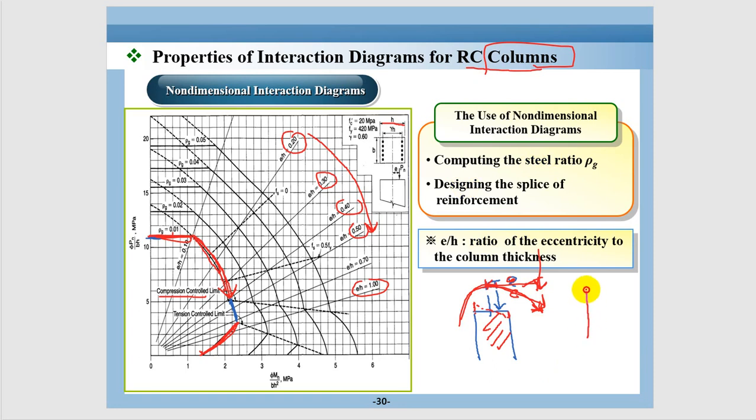So let me just draw a big section here. You have a big moment with a big eccentricity, then you will have a big strain, and this epsilon c is 0.003, and this is epsilon s. Epsilon s can be equal to or bigger than 0.005 and more. That is why we call this a tension controlled region.